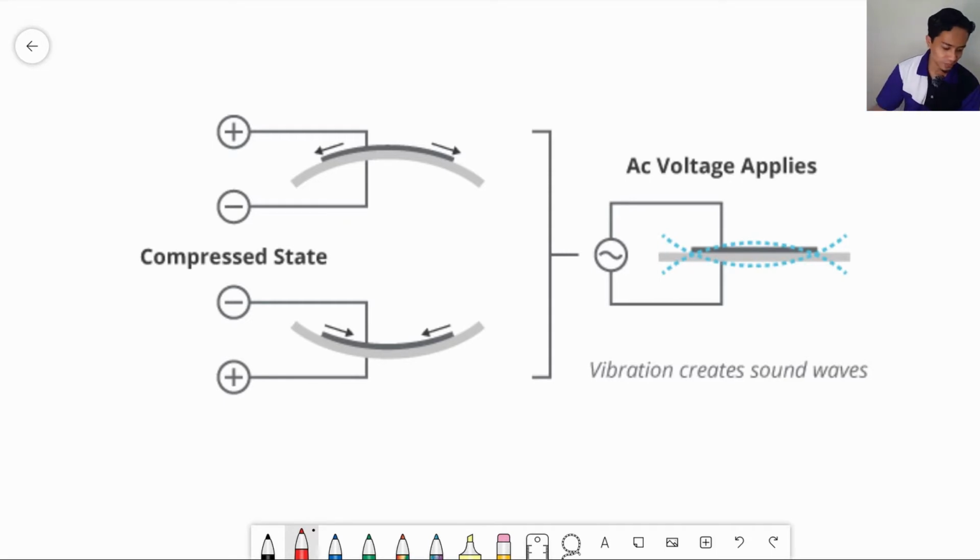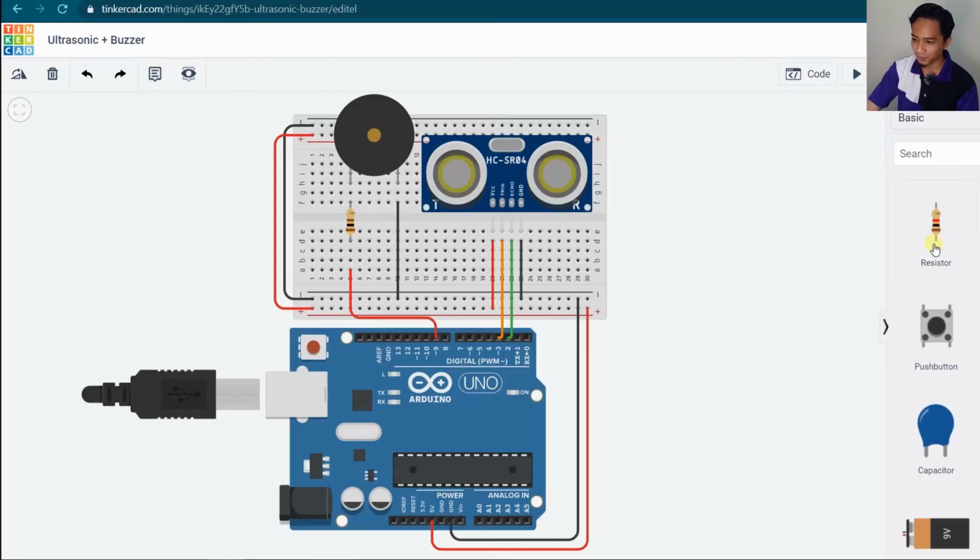circuits here. As usual, if you want to construct the hardware, you can do so by following this circuit. If you don't have the ultrasonic sensor yet, or if this is your first video with me, you don't need this part yet; just construct this buzzer only.